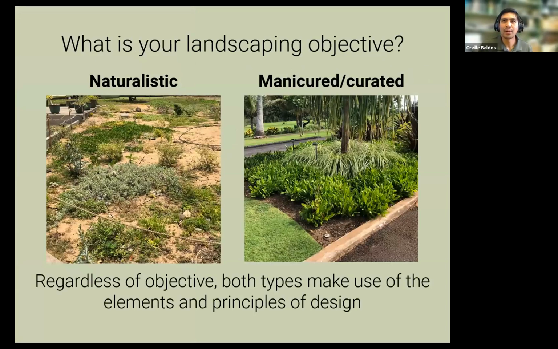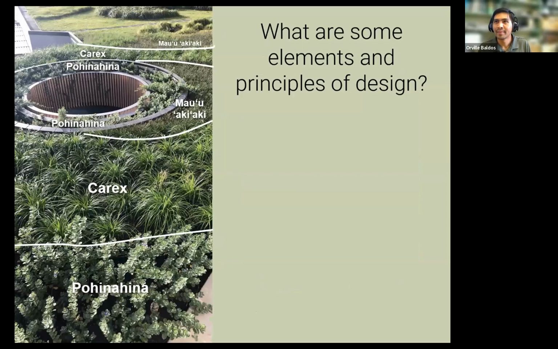So regardless of your landscaping objective, both types will make use of elements and principles of design. This is where we go now into some basic concepts of designing with plants. Okay, so what are some examples of elements and principles of design? Elements, we have form.